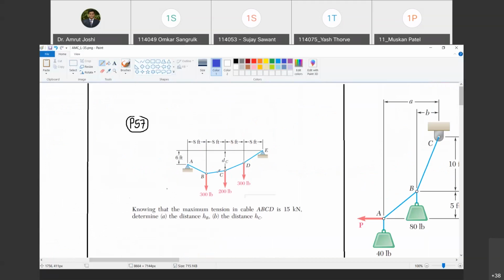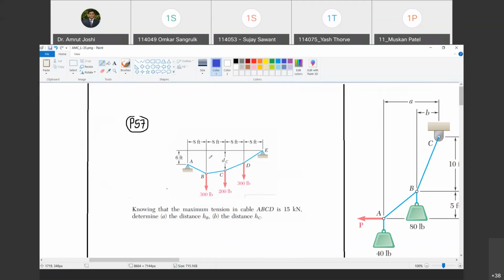Determine A, the distance HB, B, the distance HC. So knowing that the maximum tension in cable ABCD cannot exceed 15 kilonewton, we are going to determine the distance HB. Where is HB? HB is not marked, is it?